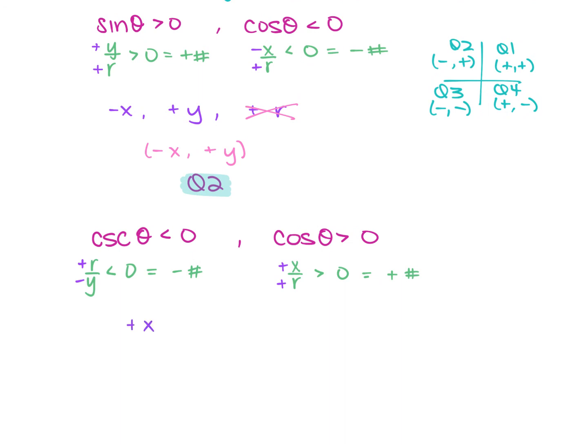You're working with a positive x, a negative y, and a positive r. We don't have to worry about that r because ordered pairs are just x and y. So you have a positive x and a negative y. Which quadrant is a positive x and a negative y? Quadrant 4. So that's your answer.